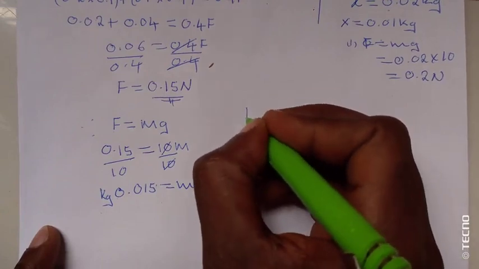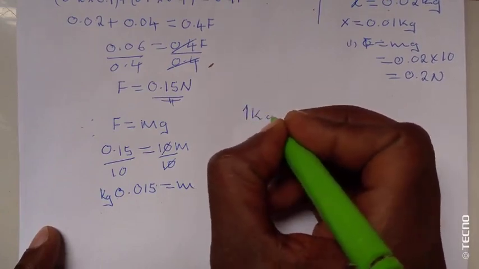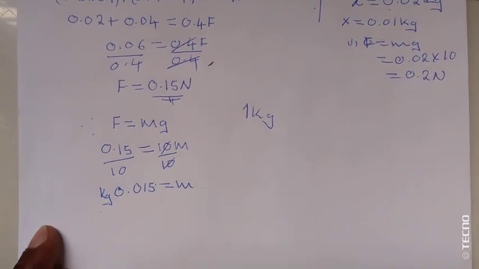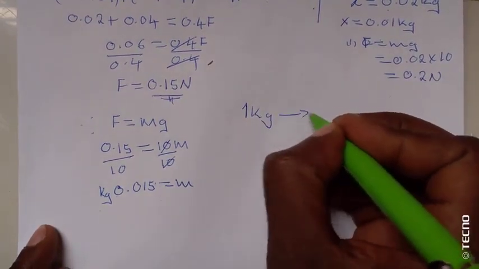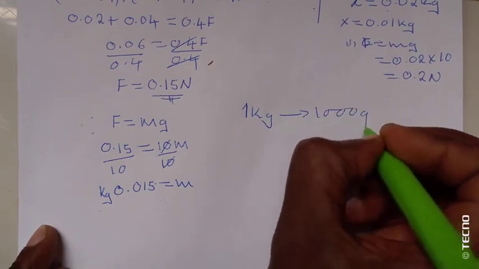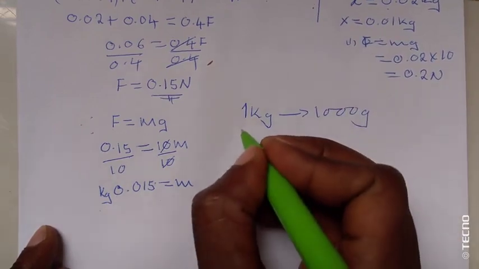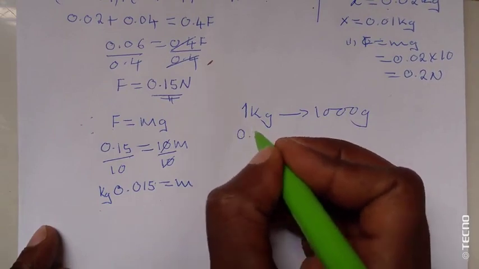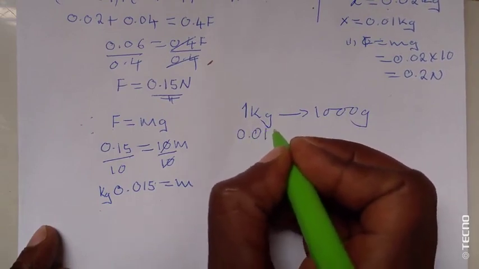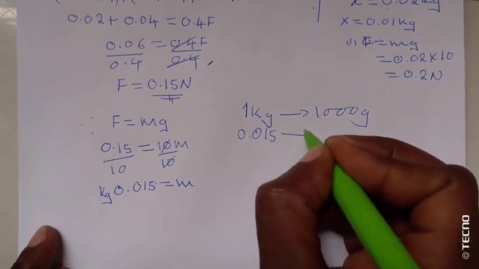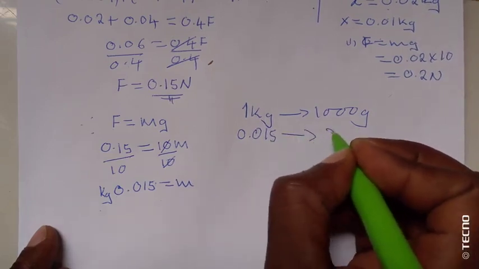So we are saying that 1 kg is equal to 1000 grams. Then what you have is 0.015 kilogram, which is equal to x, you don't know.